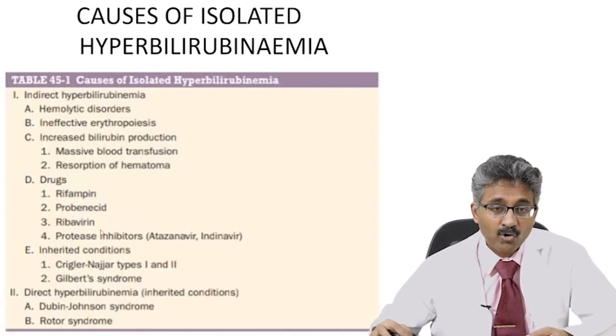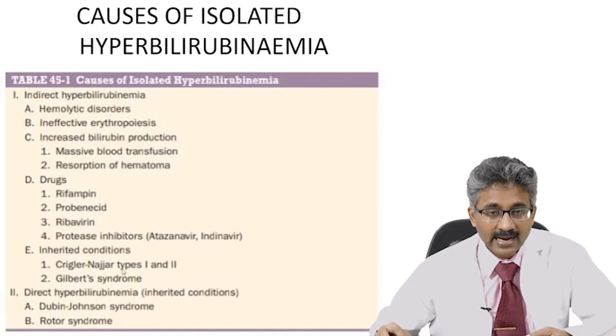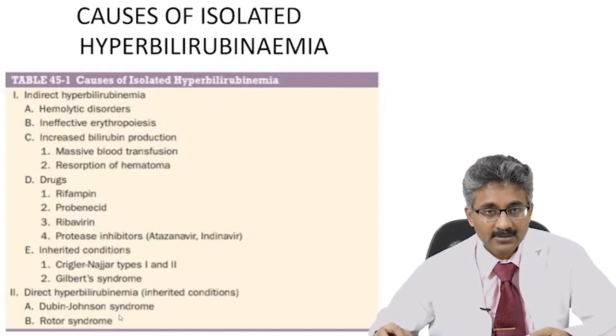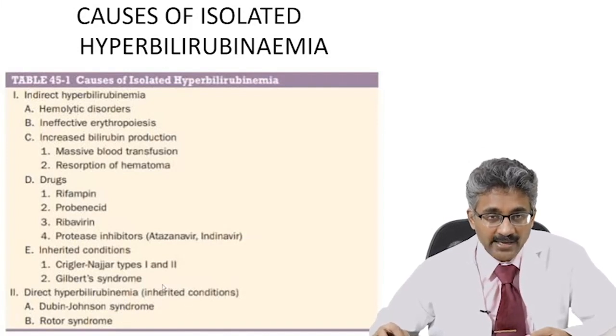And where there is defective conjugation, like inherited conditions Crigler-Najjar type 1 and 2 and Gilbert syndrome. In these, the indirect bilirubin will be elevated. Which are the conditions where direct bilirubin will be elevated? Dubin-Johnson syndrome, Rotor syndrome. Students, here SGOT, SGPT, alkaline phosphatase will be normal.